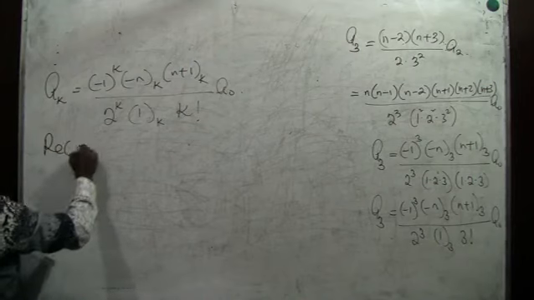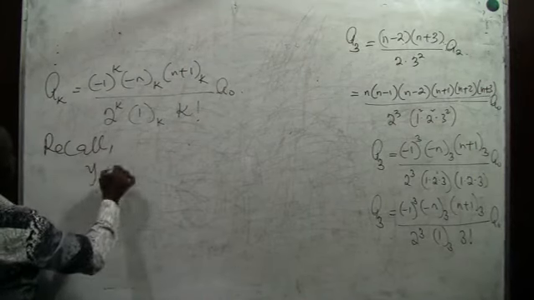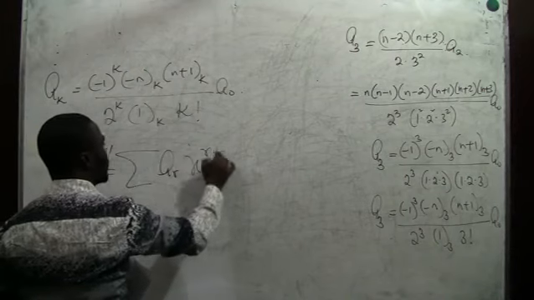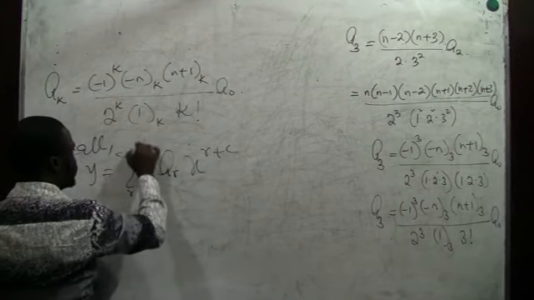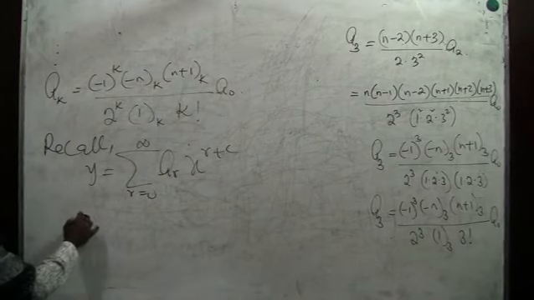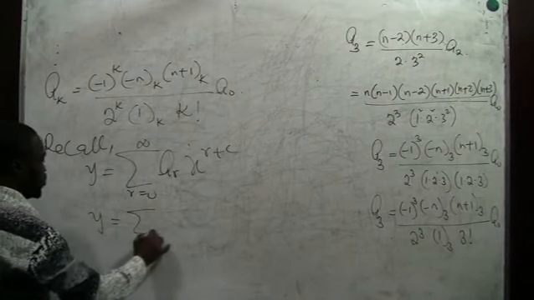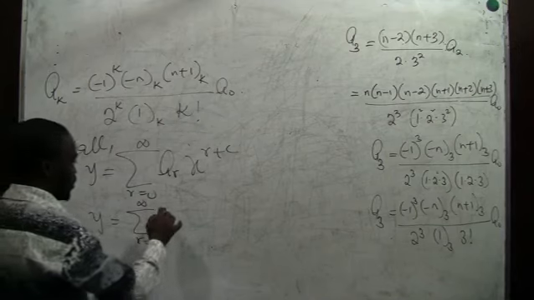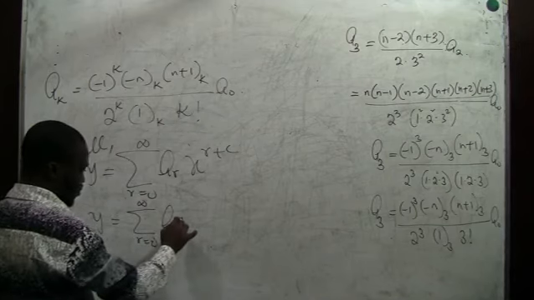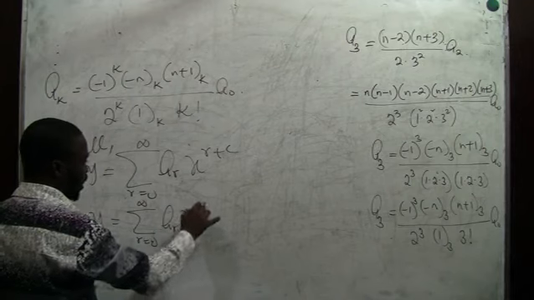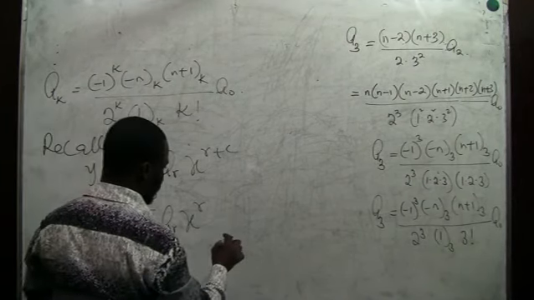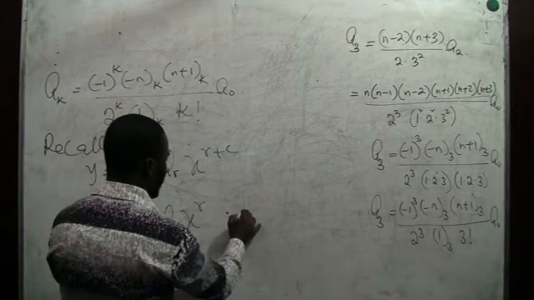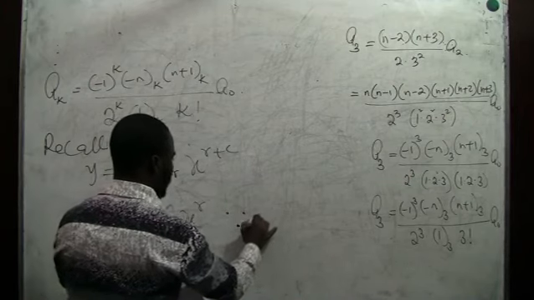Recall that the trial solution is y equals summation a r x to the power r plus c, r from 0 to infinity. So when c equals 0, we have y equals summation r from 0 to infinity a r x raised to power r, and that is because c equals 0.